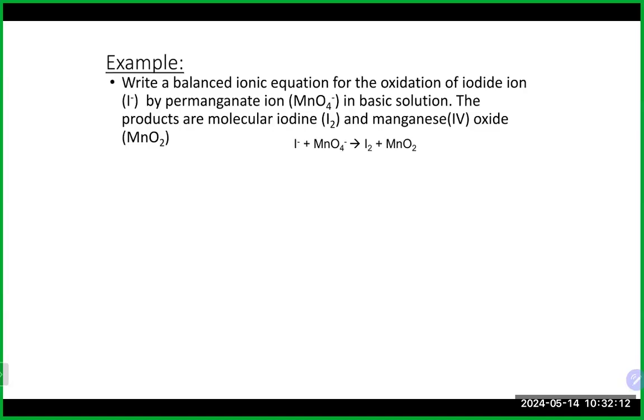Let's balance this in basic conditions. See what you come up with. Also identify what's being oxidized, what's being reduced, the oxidizing agent, the reducing agent as well. All right, so take a few moments there. See what you come up with.